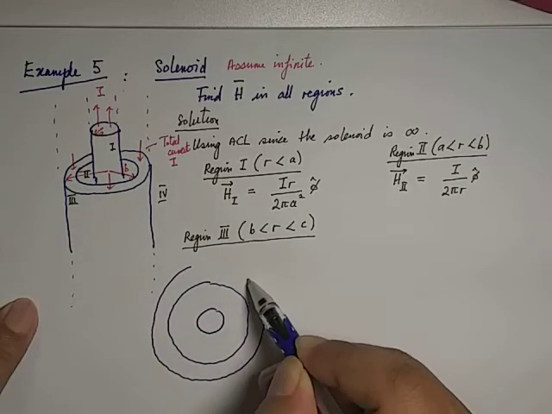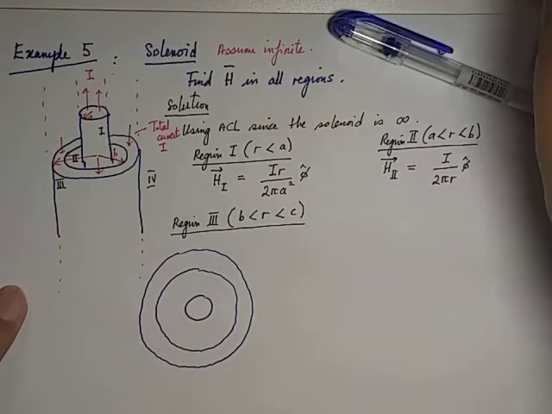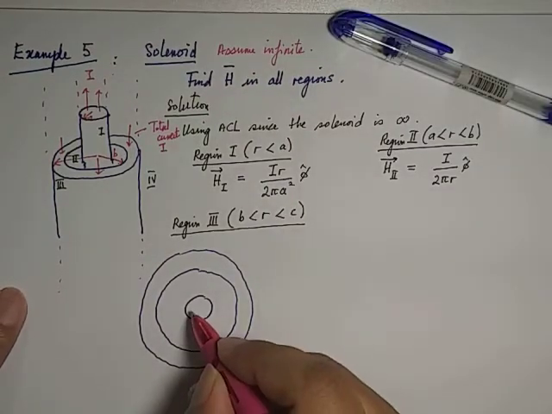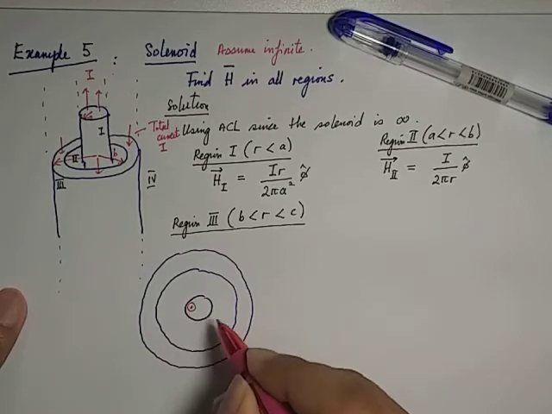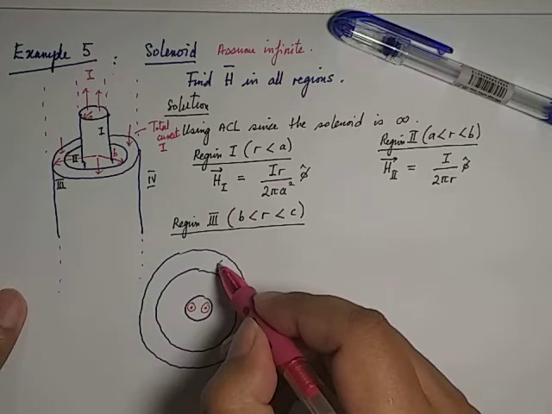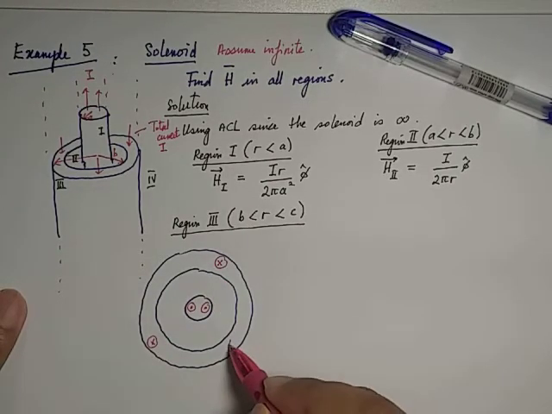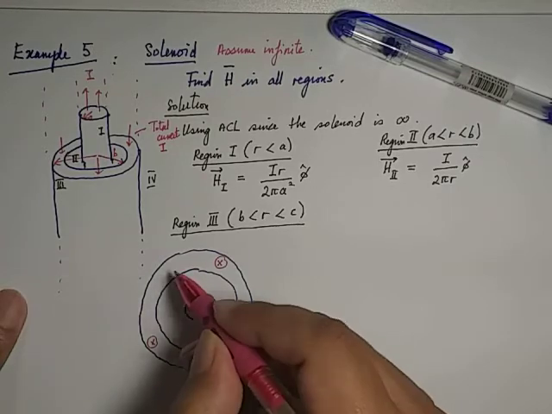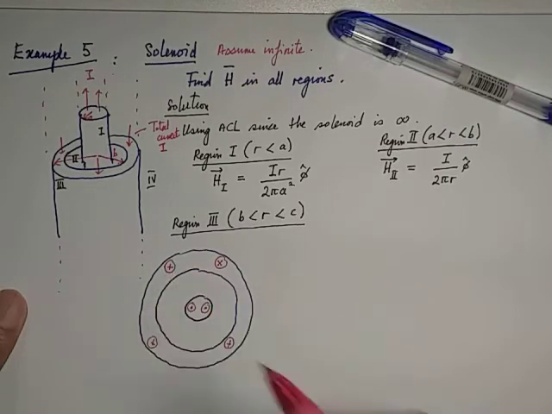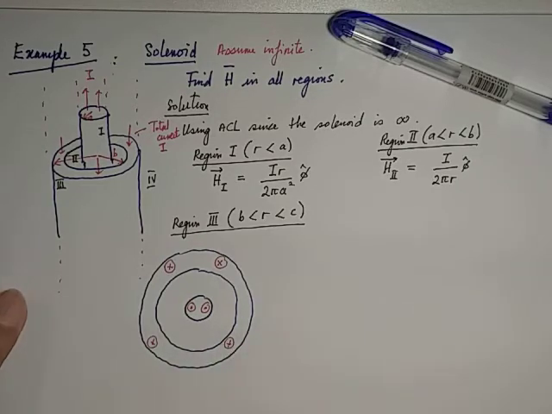Inner conductor coming out, the outer conductor going into. This is how we profile the current flows. Total I.